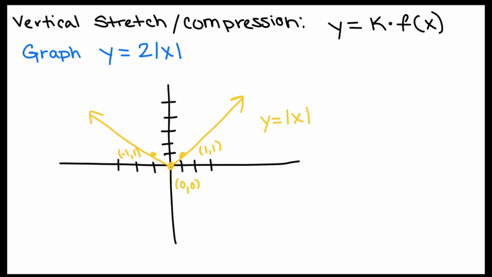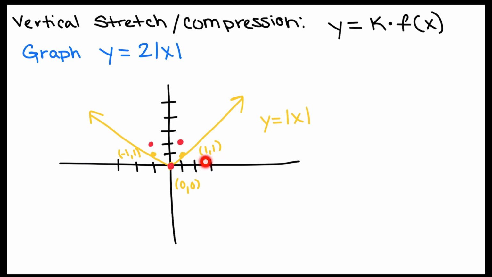All right, so in this case, my parent function is that absolute value graph that looks like a V. And then what I'm going to do is I'm going to take each of those 3 points on my graph, and I'm going to multiply the y values by 2. So the point at the origin stays there because we had the point 0, 0. If we take that y value of 0 and we multiply it by 2, it's still at 0, 0.